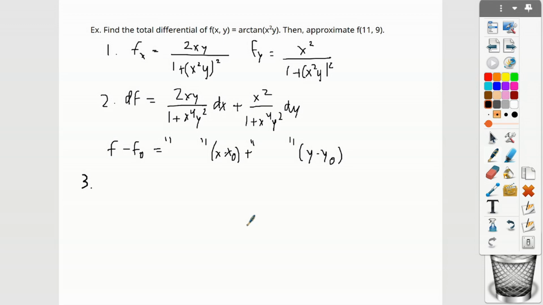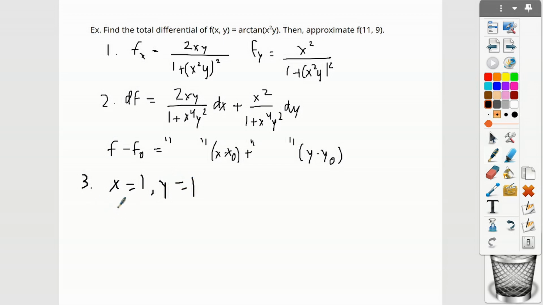So if we want a true approximation, even though it's wildly off and not a very good approximation, it's an approximation nonetheless. Arctan does not give you a good number for x equals 10, y equals 10. Arctan of 1000 is something I don't know. However, what I do know is arctan of 1. So I'm going to set x equals 1 and y equals 1.